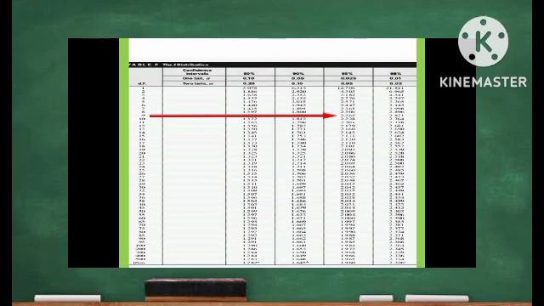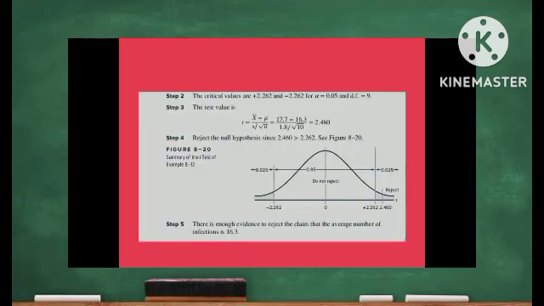First, we look at the two tails total. On this side, our total is 0.05, and our red arrow points to 2.262. That is our critical value. Our critical value has a plus and minus because of the two tails: positive 2.262 and negative 2.262.